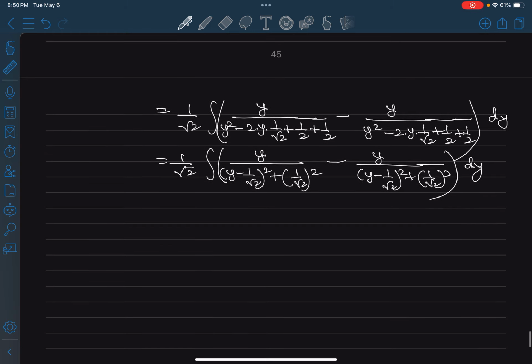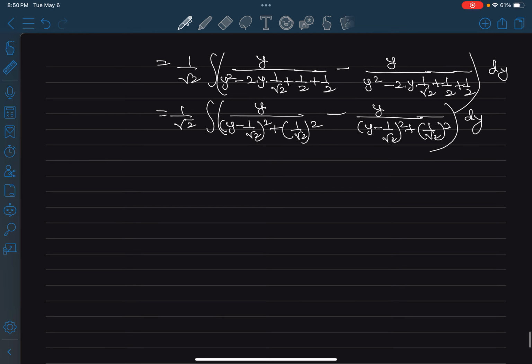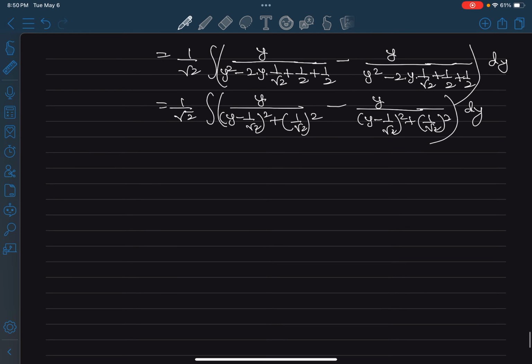Okay, now how do we proceed? Now, I think we definitely need to make a little bit more simplification because we cannot just integrate like this. So what I'm going to do is, integral of, I should introduce y minus 1 by root 2 plus 1 by root 2 over here. You will see y, maybe you already saw y, but yeah. And over there, this will be y.